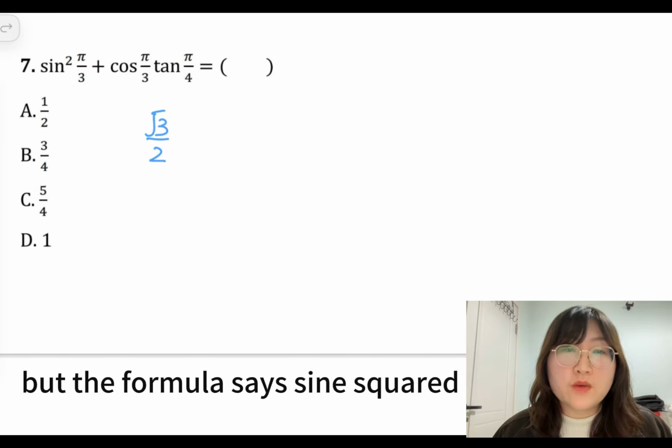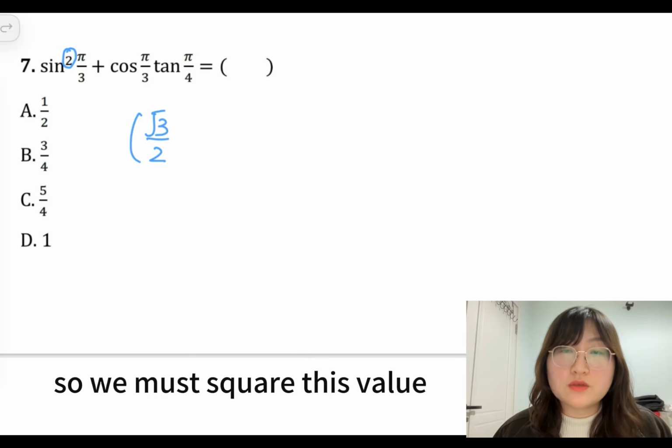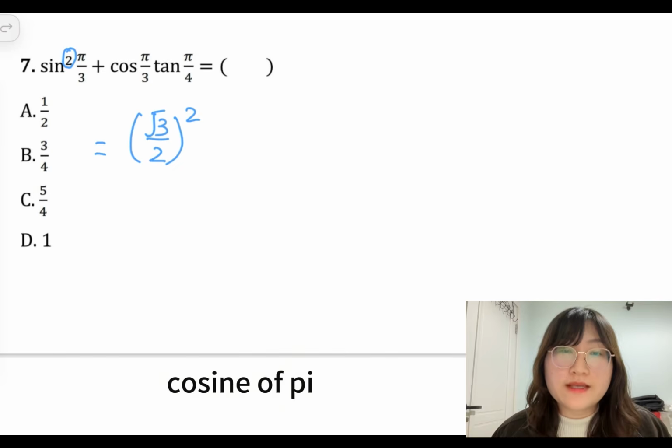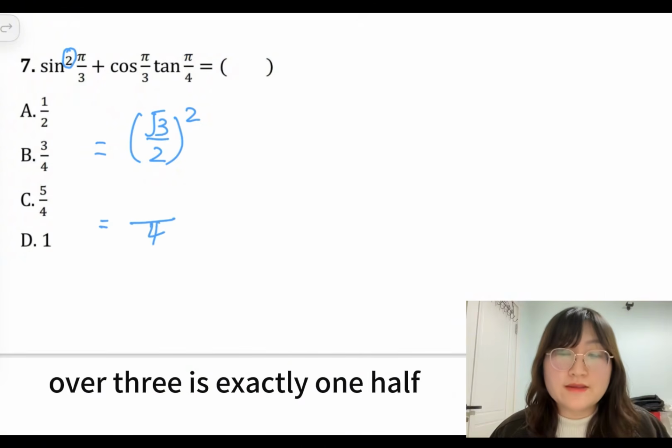But the formula says sine squared, so we must square this value, which gives us 3 over 4. Next, cosine of pi over 3 is exactly 1/2.